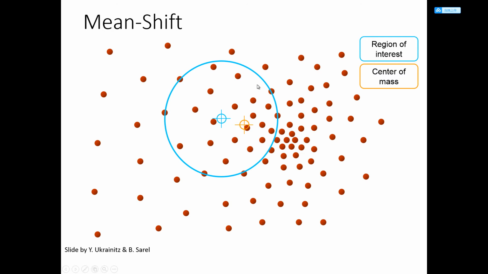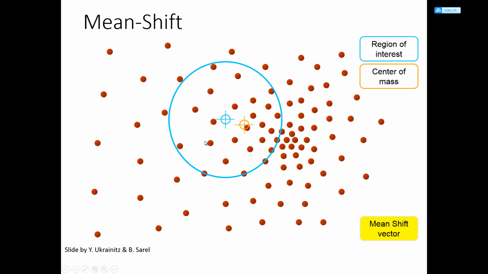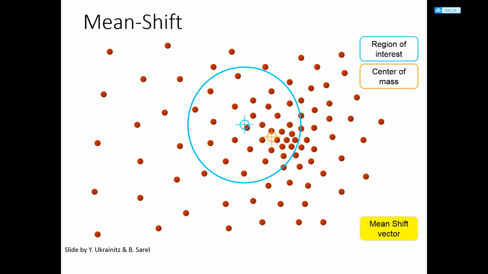Then, similar to k-means, if these are the data in the cluster, this center is probably not a very good representation. We want to use the central one instead, so we can compute the center.